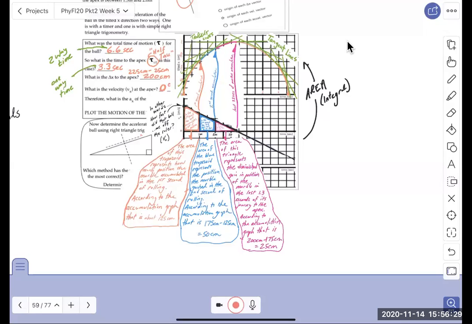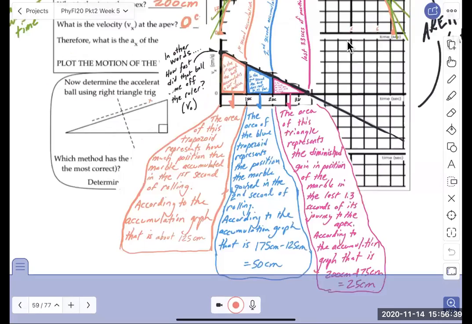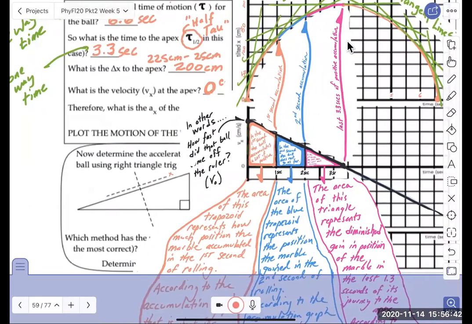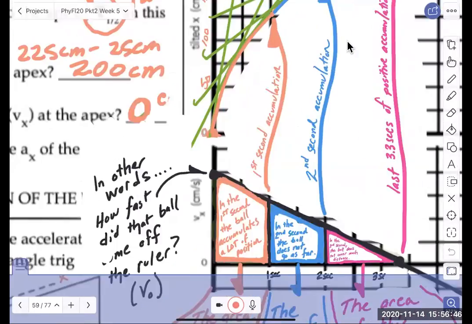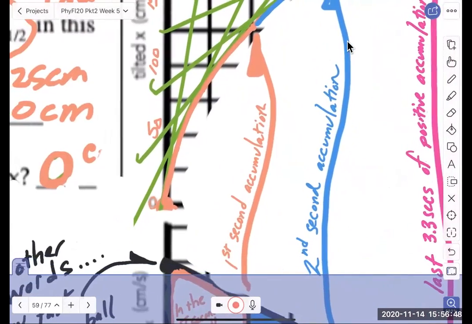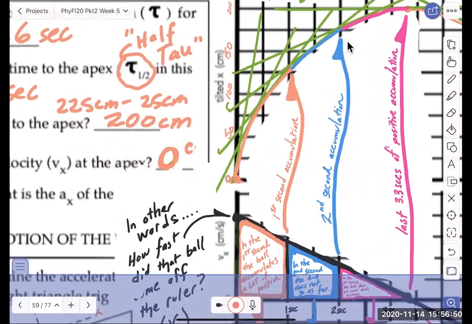Okay, I'm back. I deleted, I guess a while ago, the wrong slide, so I redid this one. It's more specific: here in the first trapezoid, that represents how far it went. I can look up here at the graph, and the first second accumulation looks like it goes to 125.